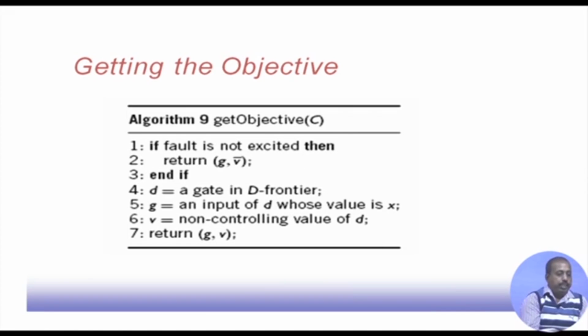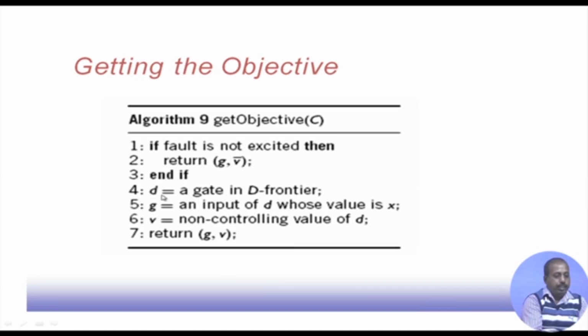So, we generate new objectives. What is done is that if the fault is not excited, then we return (g, v bar). This is the new objective that we have to justify: the line g put a value at v bar. If the fault is already excited, then it will come to this part.